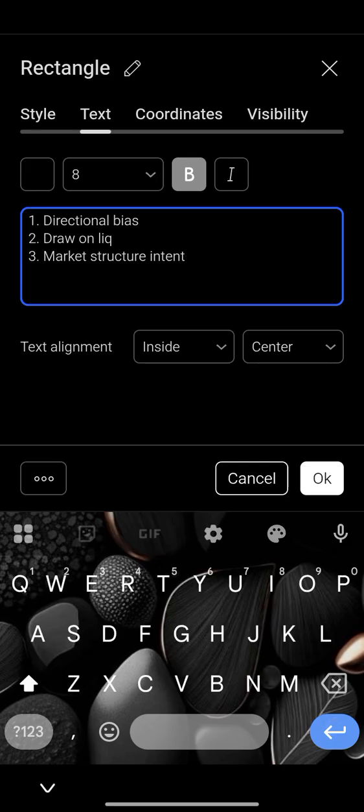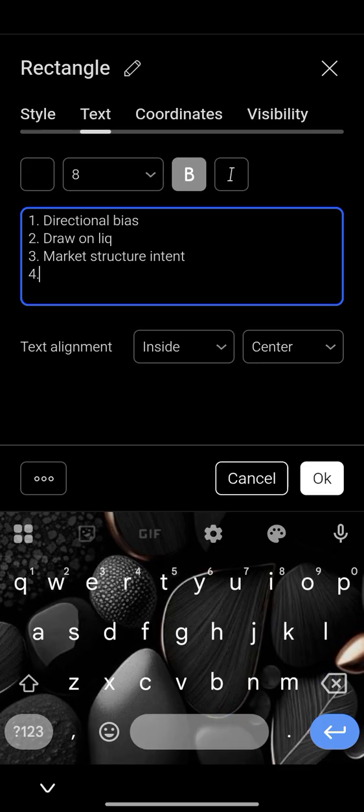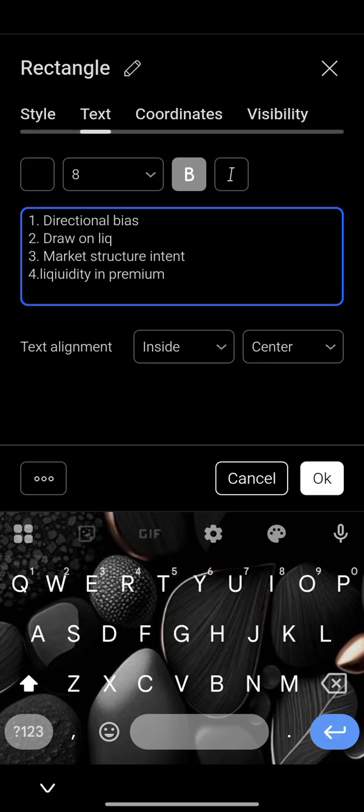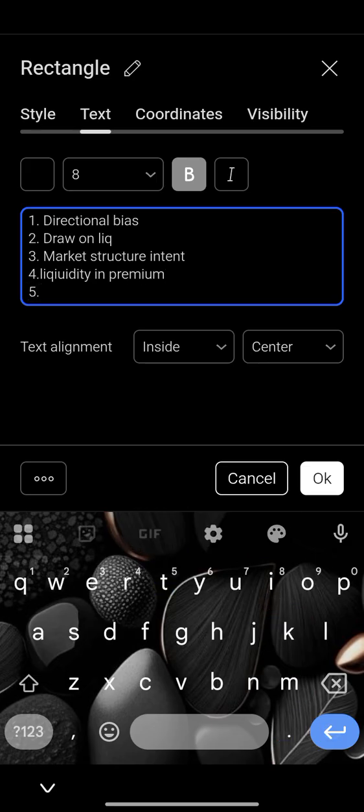Number four is liquidity in premium. And number five is zone.